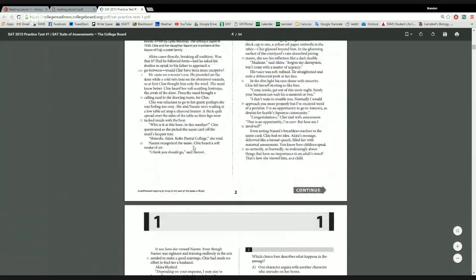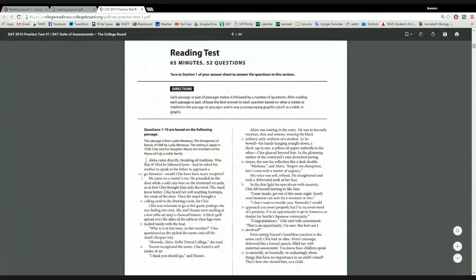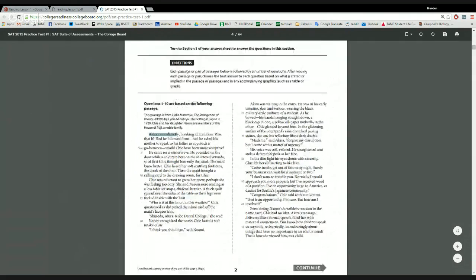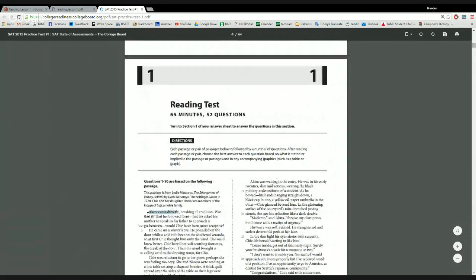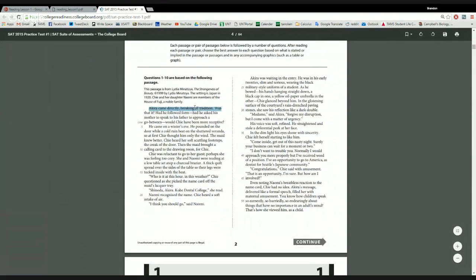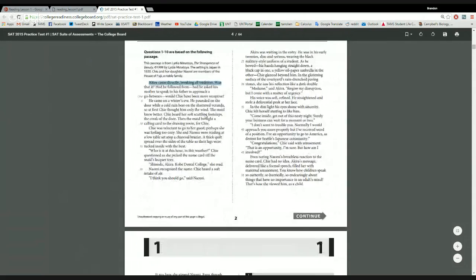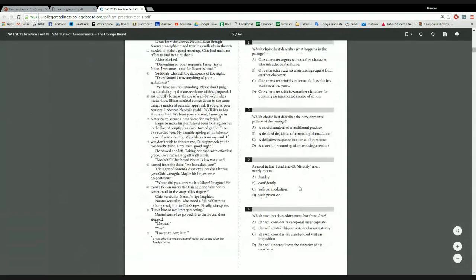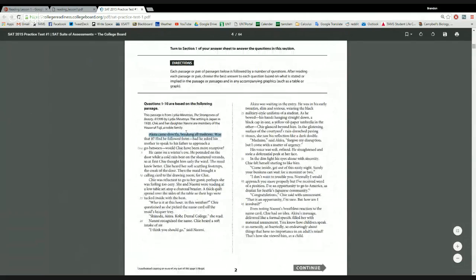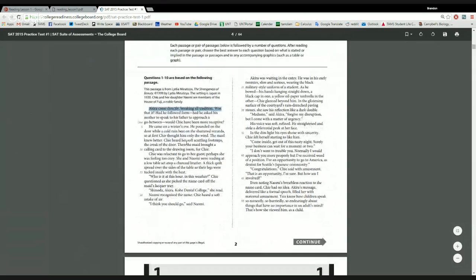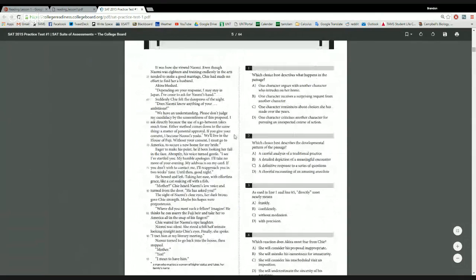So what you want to do here is go to line 1 and mark in the passage where this is, lines 1 and 65. And since it's specifying the word "directly," you want to circle "directly," so you don't have to spend more time going back to the question and going back to the passage when you're answering the questions.